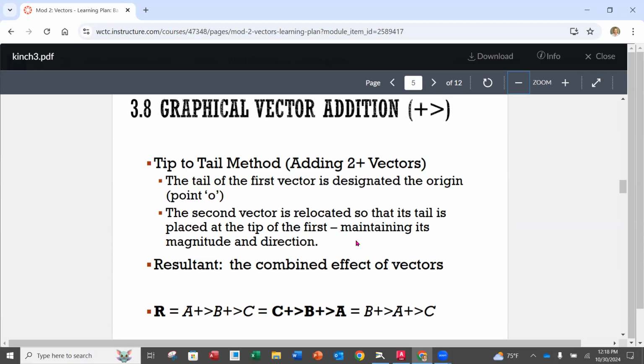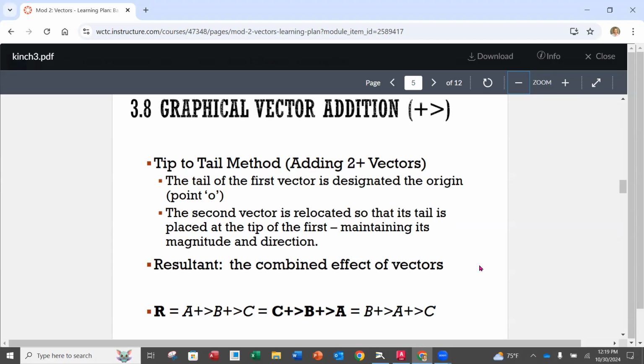The process here is we're going to take the tail of the first vector, and we're going to put that at the origin. The tail means that that's not the arrowhead side. The tip is going to be the arrowhead side, and the tail is going to be the non-arrowhead side. Then the second vector is going to be relocated so that its tail is placed at the tip of the first vector.